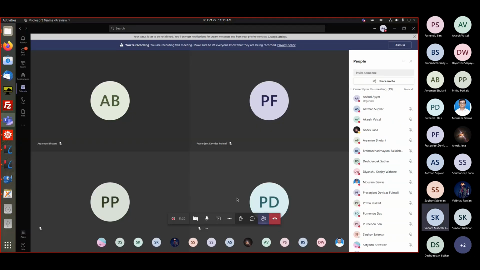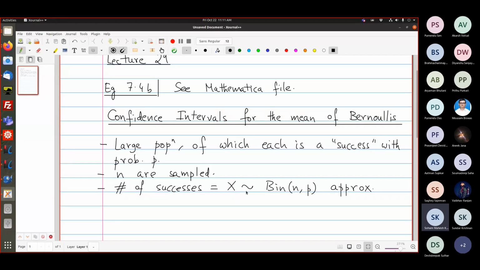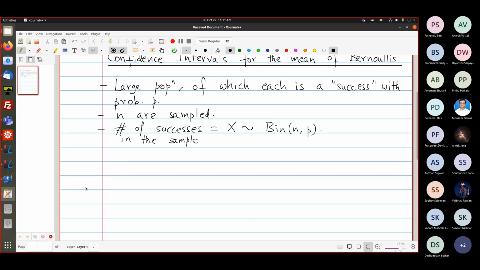Is X the number of successes in the sample? Yeah. Number of successes in the sample. Okay. So X, if I know p exactly, this is, well, maybe I should not say approximately at this point. If I know p exactly, then this is exactly binomial(n, p).